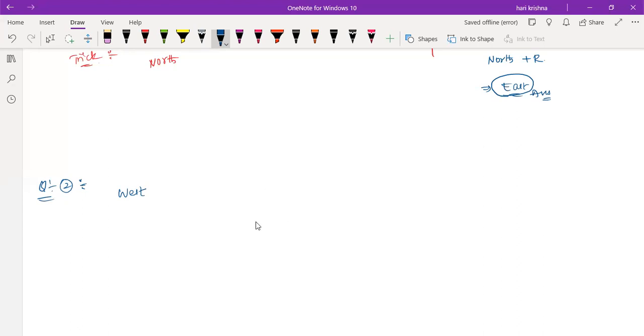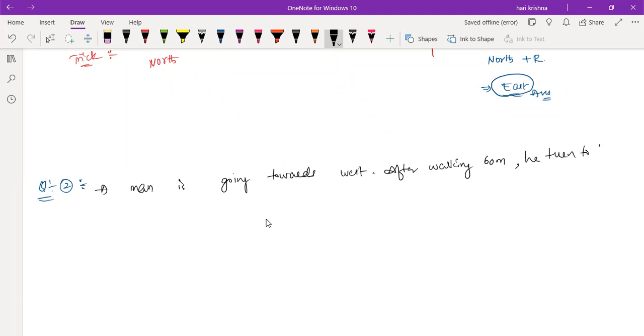A man is going towards the west after walking 60 meters.